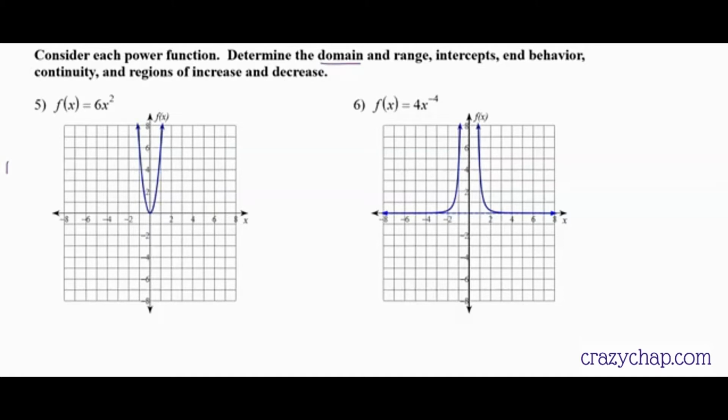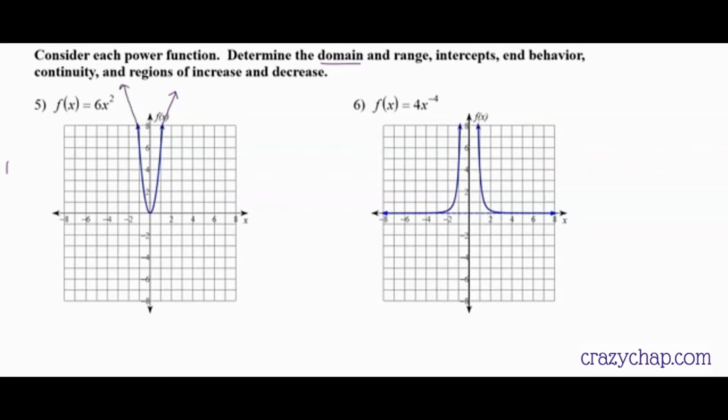I'm not looking at the function because the graph is given, so I'm focusing on the graph. Because the graph has an arrow, it keeps on going and going. So it covers all the rightward and leftward values of x, all the real values of x.